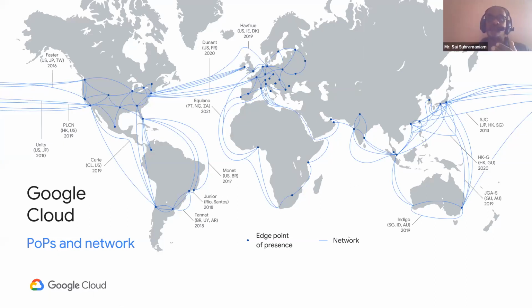Whenever from any network or any geographical location I want to get connected to Google's network, it happens through this point of presence. So from your network, the request goes towards the POP, and the POP in turn connects to Google's network. That's the way we can understand what we mean by Google Cloud.